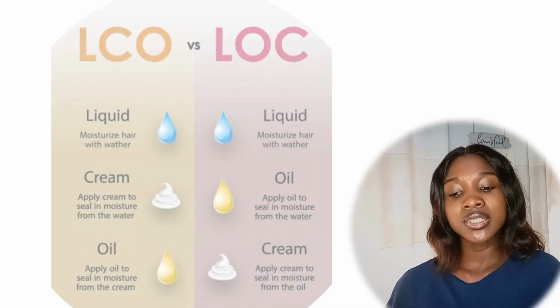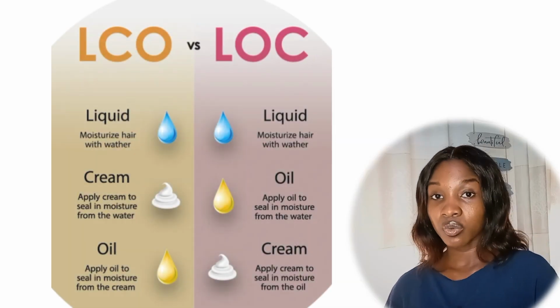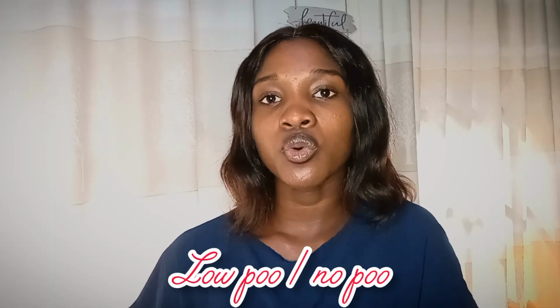Pre-poo means applying oil or conditioner before shampooing your hair to reduce dryness or tangles. Then we have the LOC or LCO method. This refers to a layering method to moisturize the hair, and they mean liquid, oil, cream or liquid, cream, oil, as the sequence implies. Then we have low poo or no poo, which are gentle cleansing methods using very mild shampoo or no shampoo at all.